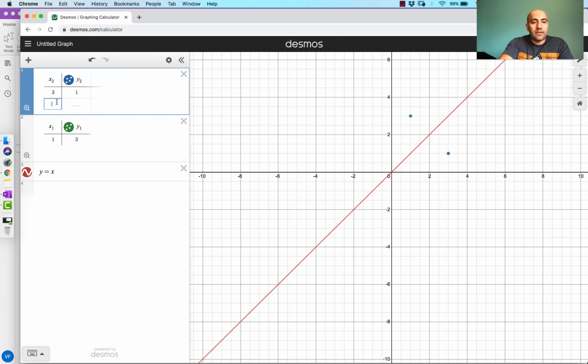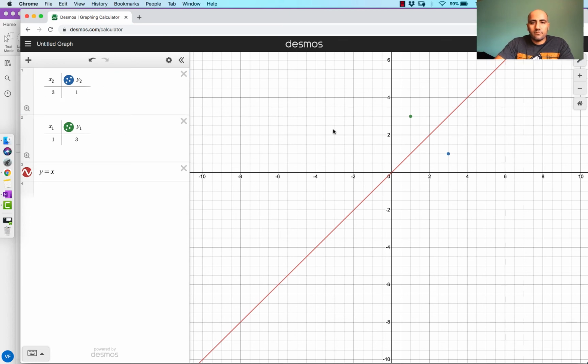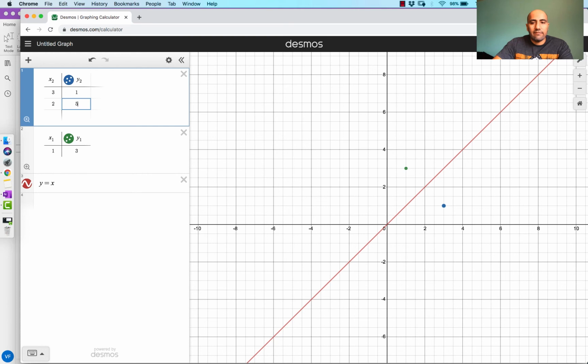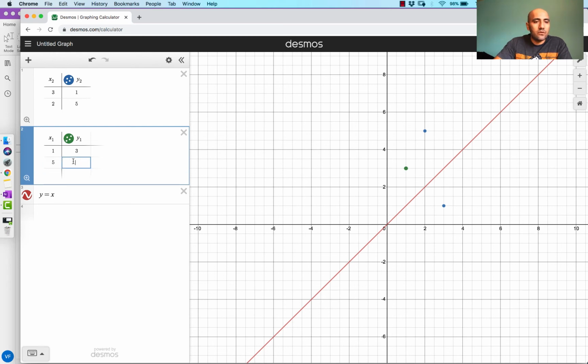I'm just randomly picking these numbers. So let's say 2 leads to 5. Okay, that's that point there, in blue. And then over here, if I just switch these around, because these are going to be inverses of each other, then I must have 5 leads to 2.